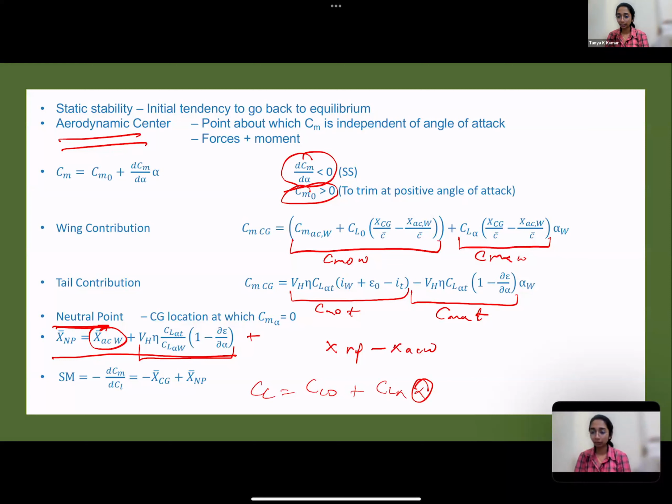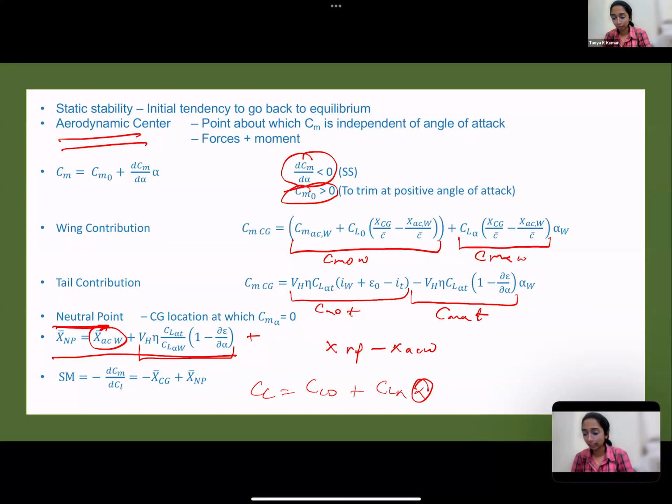No, right? That was our definition. That was our reason for picking the aerodynamic center or neutral point, to pick a point that doesn't change throughout the duration of flight, a point that is independent of angle of attack. Since it's independent of angle of attack, it's also independent of CL.